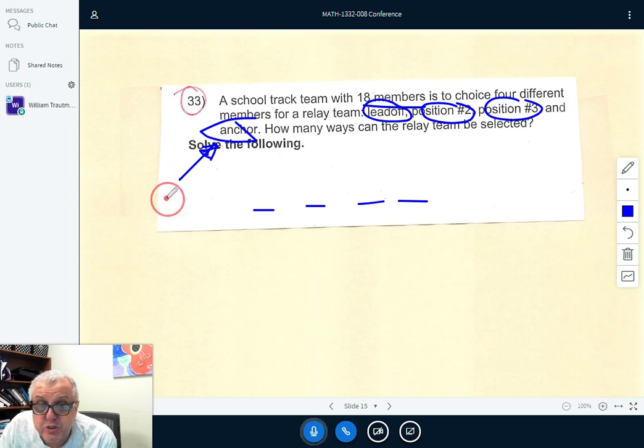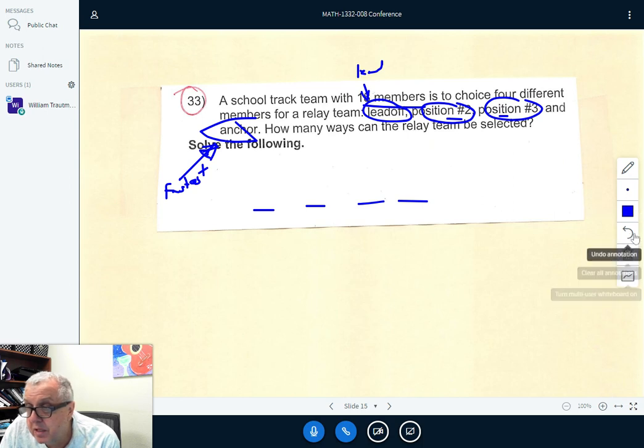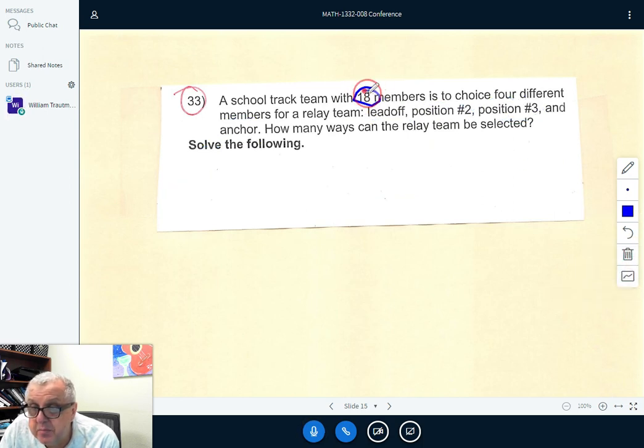The anchor is usually the fastest guy, and then the second fastest guy leads us off. So these other guys are fast, but they're not as fast as those other 2 guys. So the order matters. I have to pick from a track team with 18 members. Have to pick 4, and order does matter.